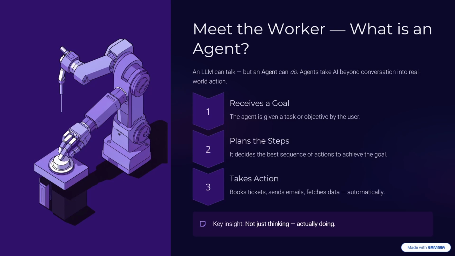Now the next thing is that an LLM is basically trained on previous data. Let's say I have one LLM model and it was trained one year back. The information that the LLM holds is quite old.